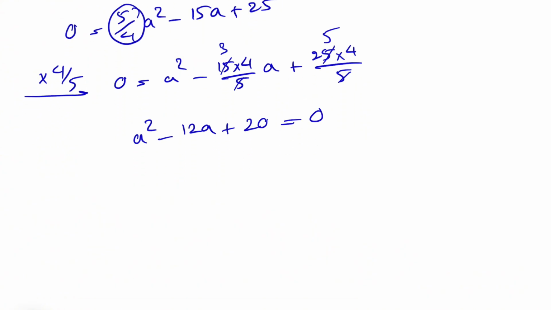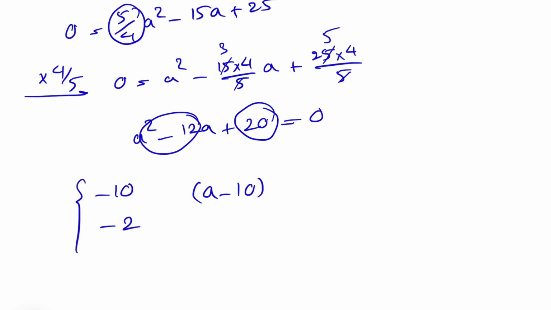We have a quadratic formula in here, but hold on a second, we can do our shortcut for the quadratic equation in here. We have to find two numbers that multiply to 20 and add to minus 12, and those two numbers are minus 10 and minus 2. So if we multiply them, we get 20, and if we add them, we get minus 12.